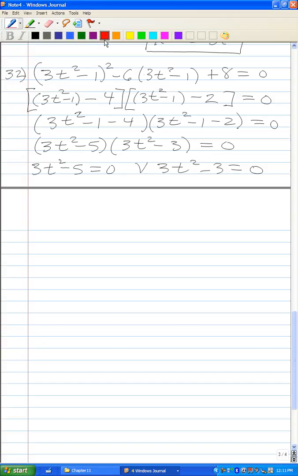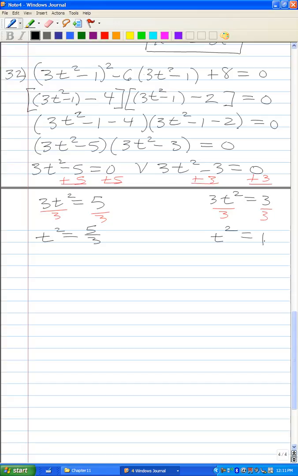Add 5 and 3 to both sides of your equation. So you get 3t² = 5 and 3t² = 3. Divide by 3. So you get t² = 5/3 and t² = 1.